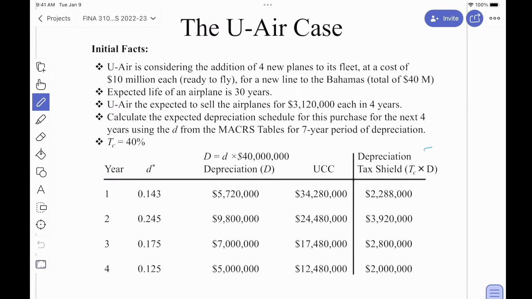So TC, the corporate tax rate, is 40%. And that's what you would get.